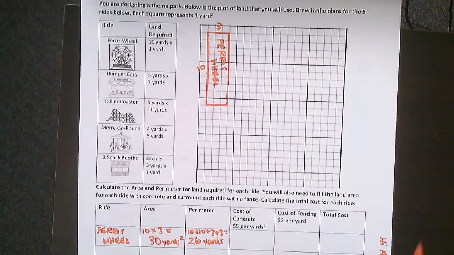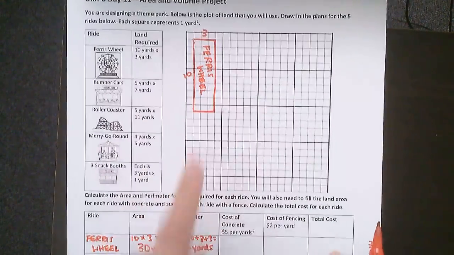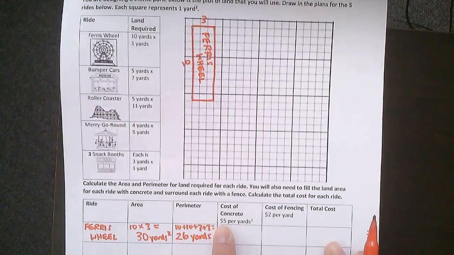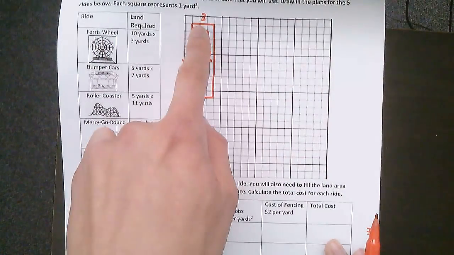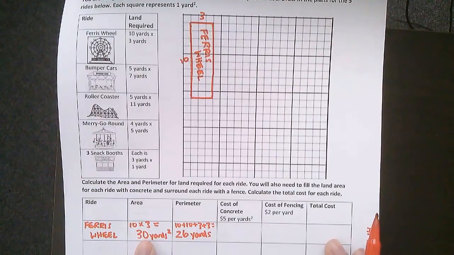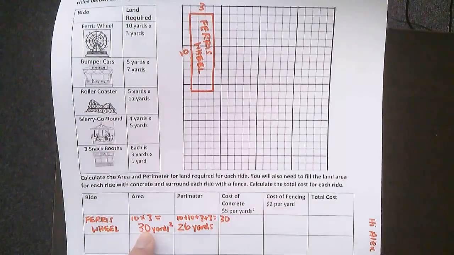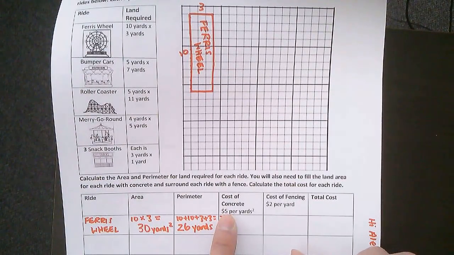Now for this next part is how much would it cost to fill this land with concrete? And it's telling us that each square yard of concrete costs $5. Well, we know that there's 30 square yards of area in this rectangle that need to be filled with concrete. So I can take my 30 yards squared that need to be filled, and it's $5 for each of those yards, right?